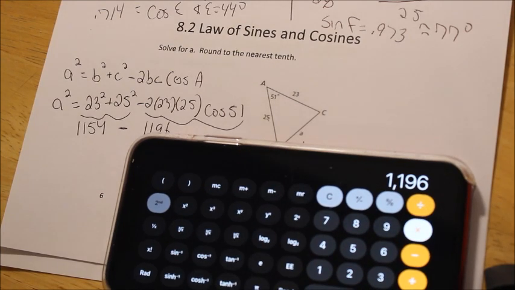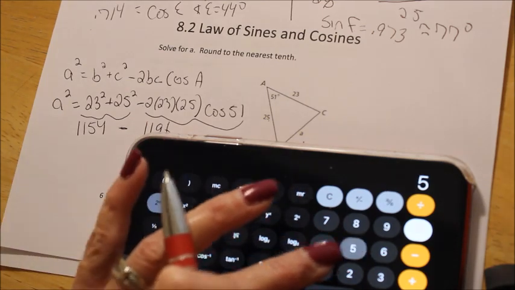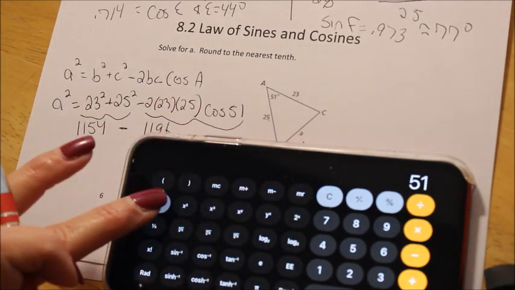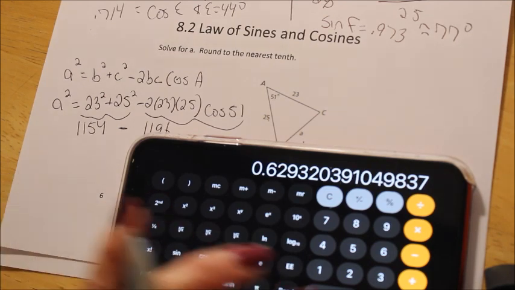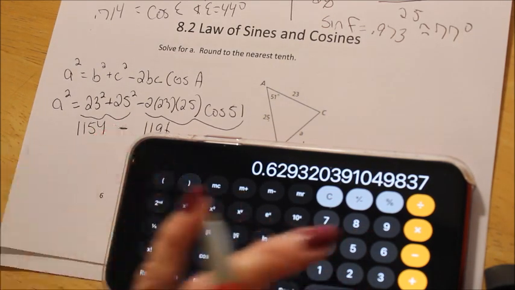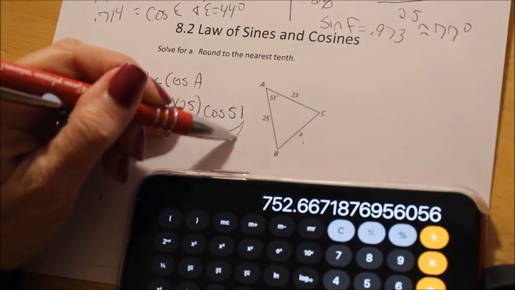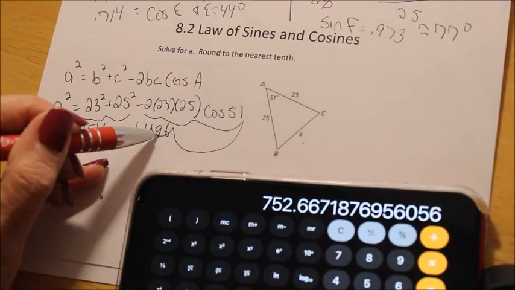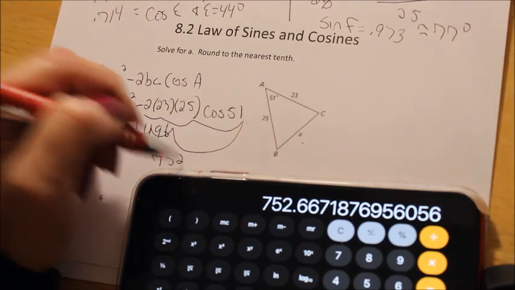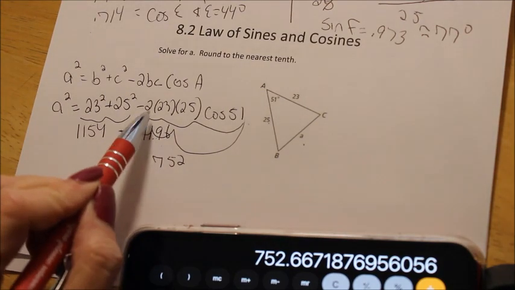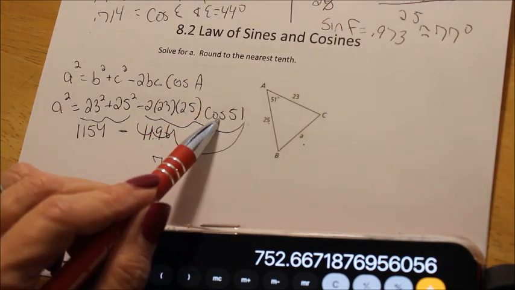I'm going to go ahead and times it now, but you have to hit parentheses 51 cosine. Oh, don't be on inverse. Regular cosine. Now hit close parenthesis and hit enter. That's going to be actually this whole thing, because I went ahead and included that. So this whole thing is 752. So what I did was I went 2 times 23 times 25, and then I did parenthesis 51 cosine.